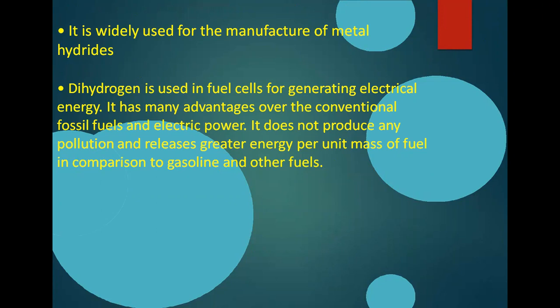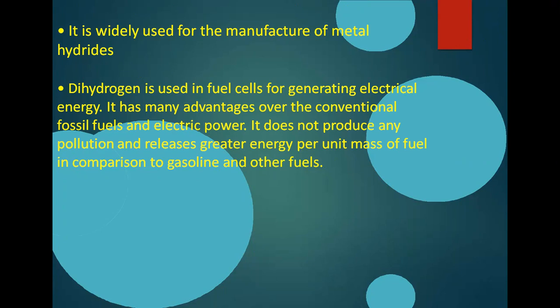Dihydrogen is used in fuel cells for generating electrical energy. It has many advantages over conventional fossil fuels and electrical power. It does not produce any pollution and generates more power per unit mass of fuel in comparison to gasoline and other fuels.